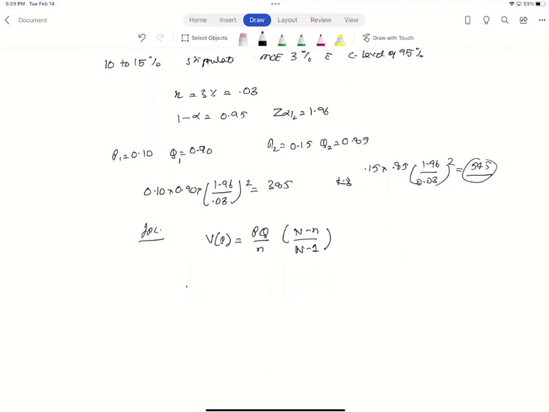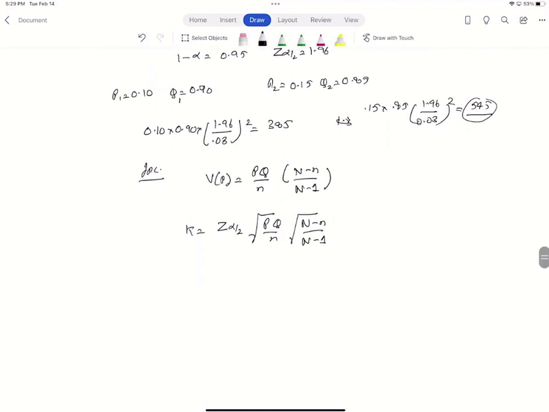Thus we see that K is going to be Z half times root of pq upon n times N minus n upon N minus 1. And then we can simplify this, and when we simplify it, it becomes n equals N pq Z half squared plus K squared (N minus 1) upon pq Z squared alpha by 2.